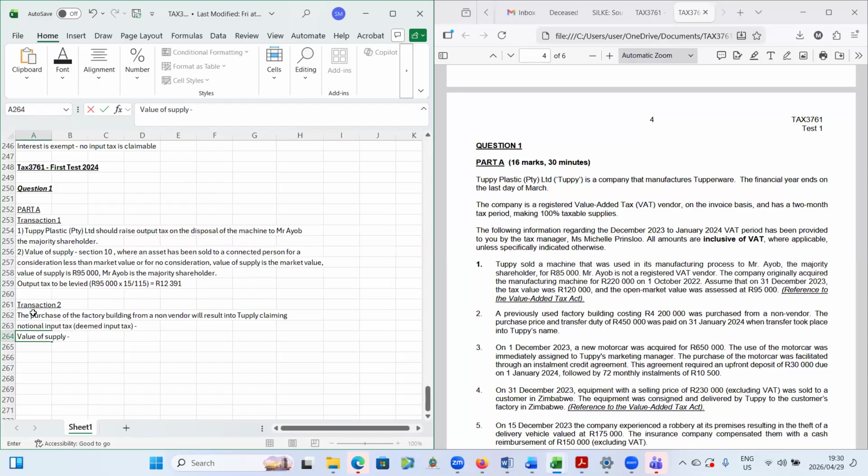The value of supply is simply 4.2 million rand, the purchase price. Transfer duty is another tax. It's a transfer tax, so you are not going to charge VAT on top of another tax.